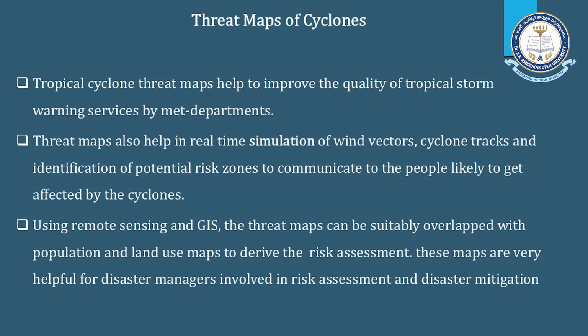So when a cyclone occurs, we can prepare this type of maps, and using remote sensing and GIS, the threat maps can be suitably overlapped with the population and land use map to derive the risk assessment.